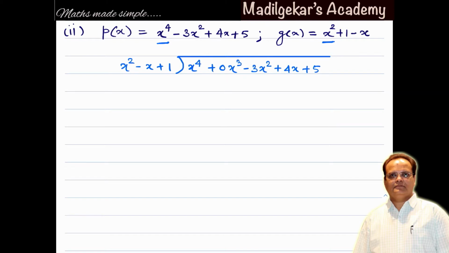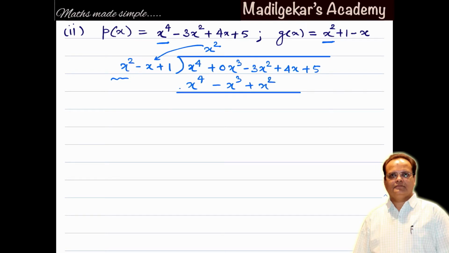Now let's start the process. If we compare the coefficients, yes, they are the same. So the only thing is to multiply by x square. So x square into x square gives x raised to 4. X square into minus x is minus x cube plus x square.